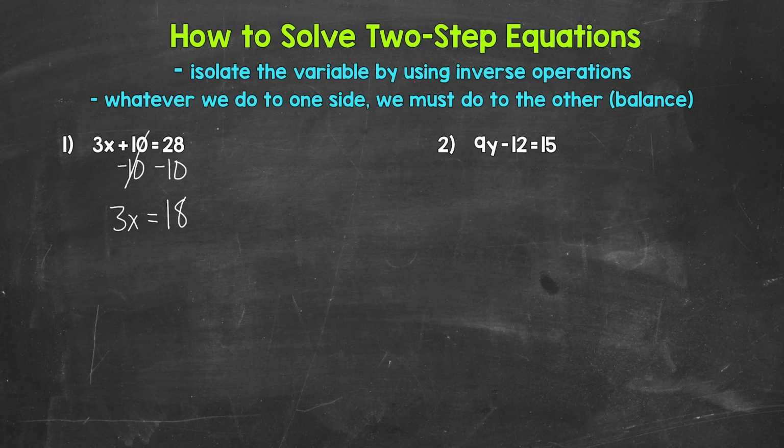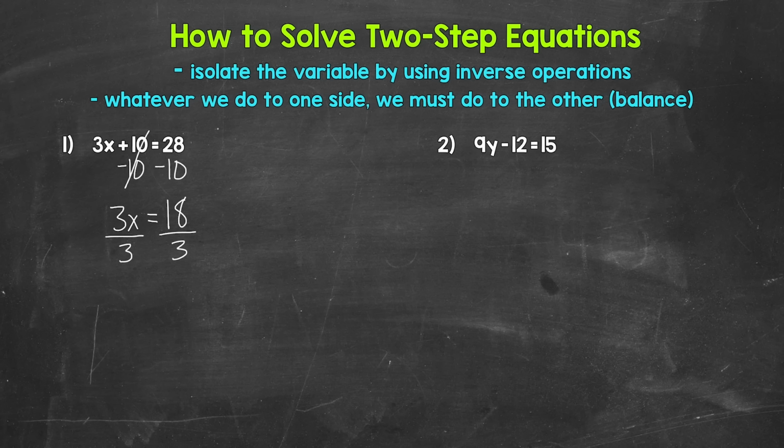We are multiplying x by 3, so we need to undo that. We need the inverse operation here in order to isolate x. The inverse operation of multiplication is division, so let's divide the left side of the equation by 3. Whatever we do to one side, we must do to the other, so divide the right side by 3 as well.